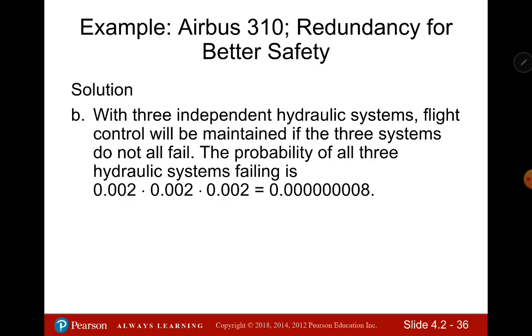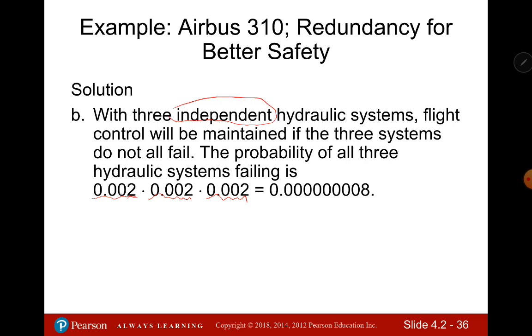If we have 3 independent systems, then the probability of all 3 systems failing is the first one fails, and the second one fails, and the third system fails. So we should use the multiplication rule. And we also know these three systems are independent of each other.